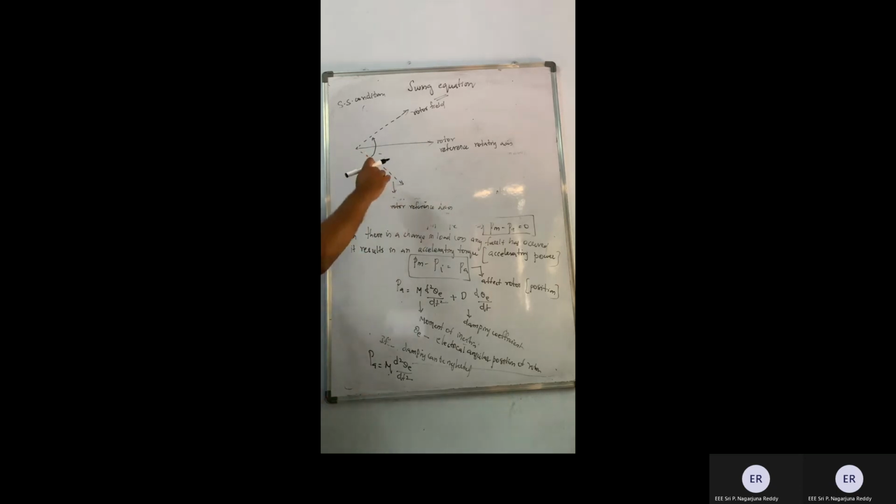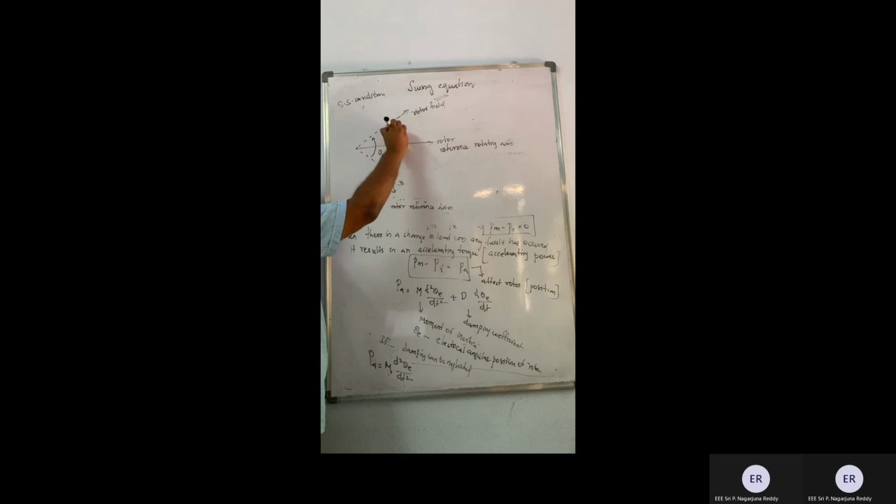With respect to the reference axis, this particular displacement is referred to as theta e. This is a change in the position of the rotor field because of the acceleration which the rotor received because of the fault. But in most cases, nobody refers to this theta e in the synchronous machine. Normally they will be taking this one as a reference.